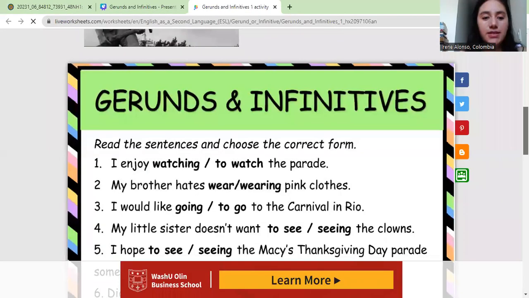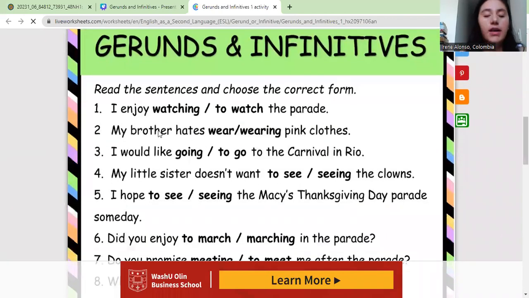As we can see, we have some sentences, and I'm going to choose the right way, gerund or infinitive, for the sentence. And this one, I enjoy watching or to watch.